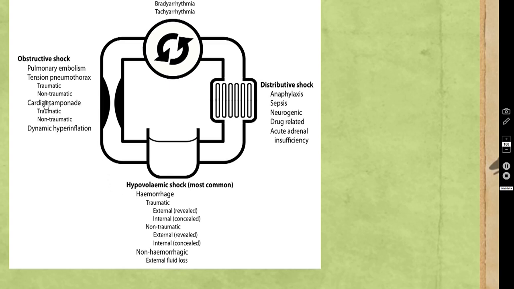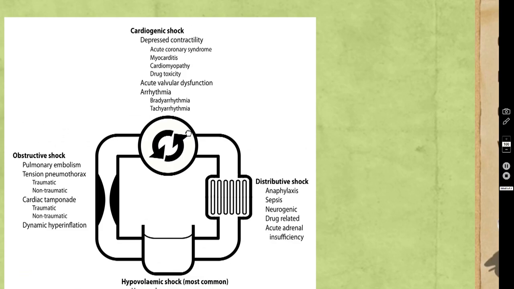Coming to obstructive shock, I told you the causes: massive pulmonary embolism, tension pneumothorax, cardiac tamponade, and sometimes even dynamic hyperinflation of the lung can produce obstructive shock. Coming to distributive shock, it could be because of anaphylaxis, sepsis, neurogenic causes, and sometimes acute adrenal insufficiency.